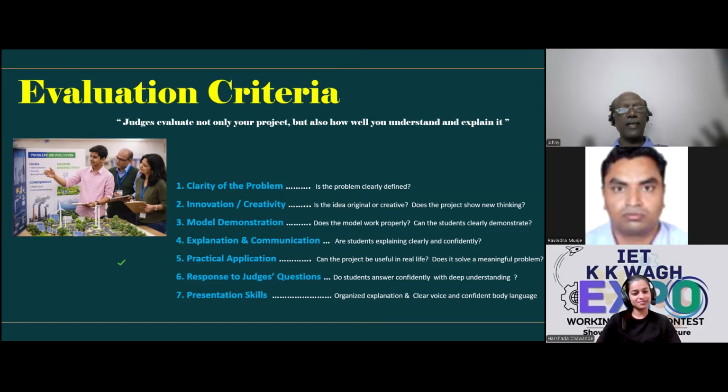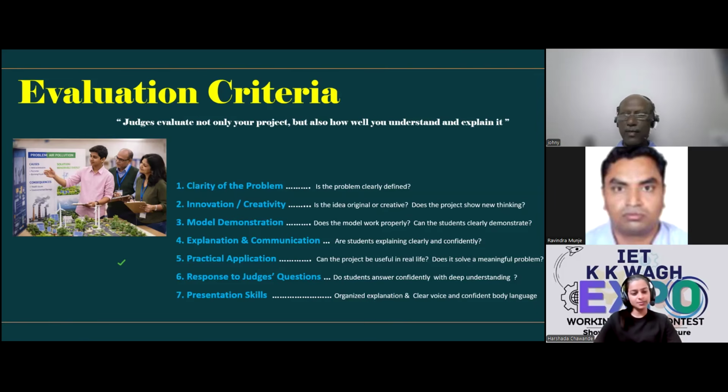If it doesn't solve a problem... engineers solve problems. That is the whole idea of engineering. Engineers pick up a problem, enhance it, refine the already existing solution, or create a new solution. If that does not happen, then again you are going to lose marks.